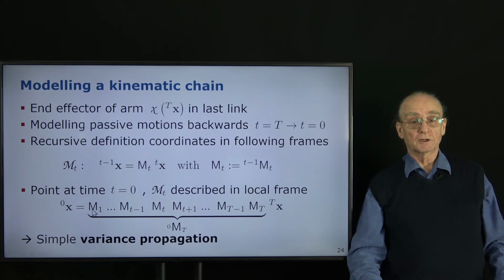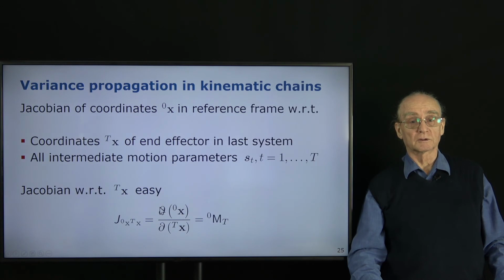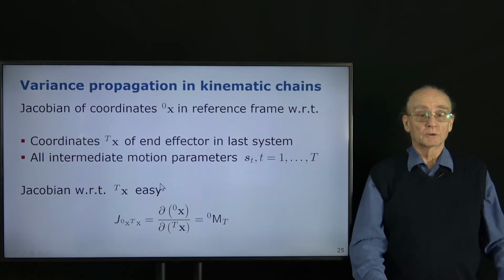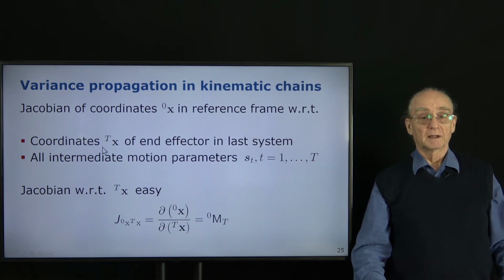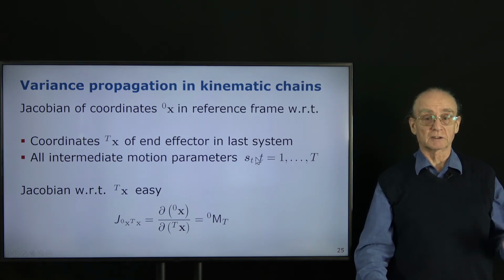That means we need to have the Jacobians of x_0 with respect to x_T and with respect to the parameters of these individual motions. And I put out this motion M_t extra because we have to look at that. That means we would like to have the Jacobians of x_0 with respect to x_T and with respect to all intermediate motion parameters s_t, which are the rotations and the translations, that are 6 parameters.